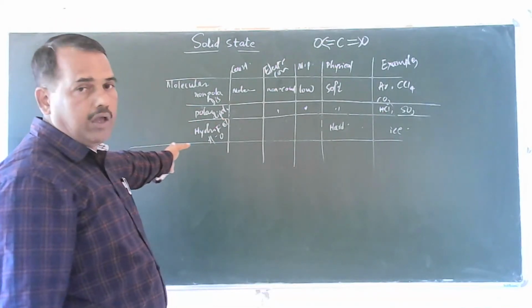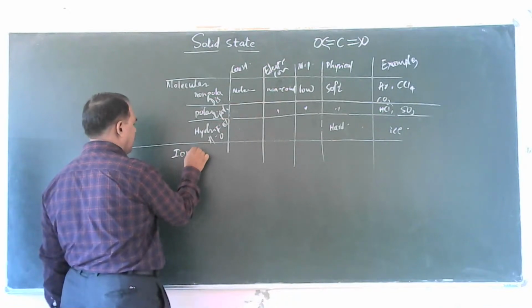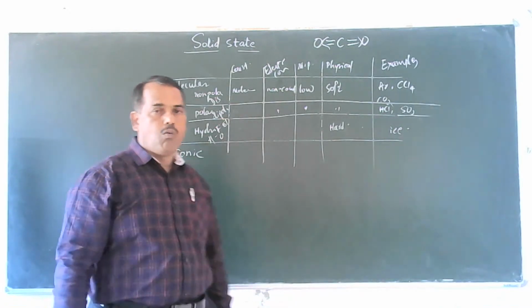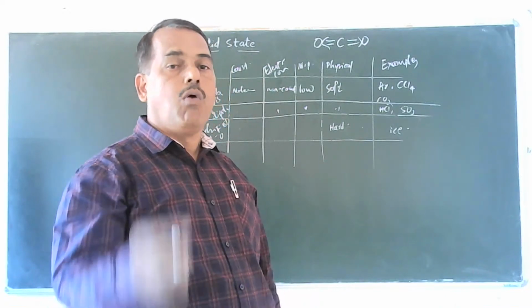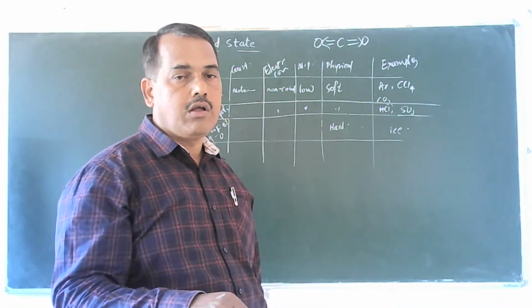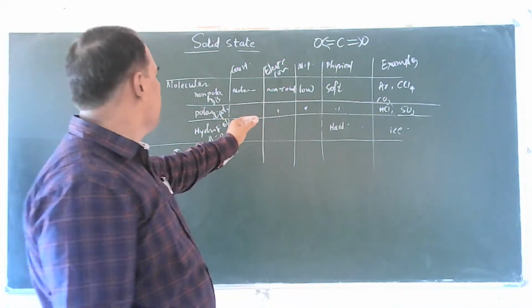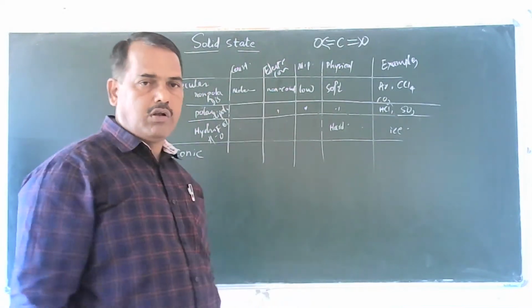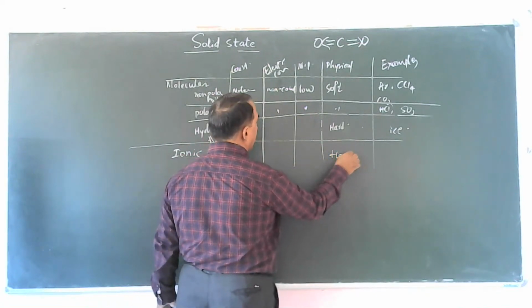The next is ionic solid. In ionic solid, what are the constituent particles? Those are ions. What about their physical nature? They are hard, more hard than molecular solid. What about their melting point?